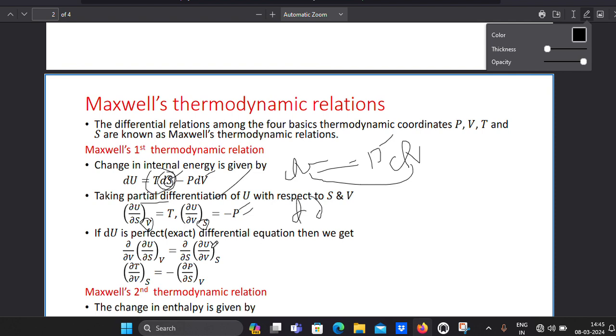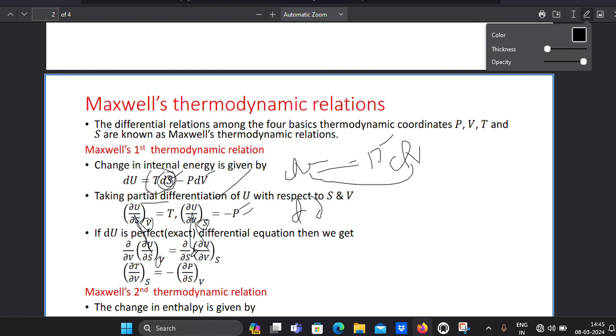Whatever constant is present here, differentiate with respect to this only. Whatever constant is present here, differentiate with respect to this only.